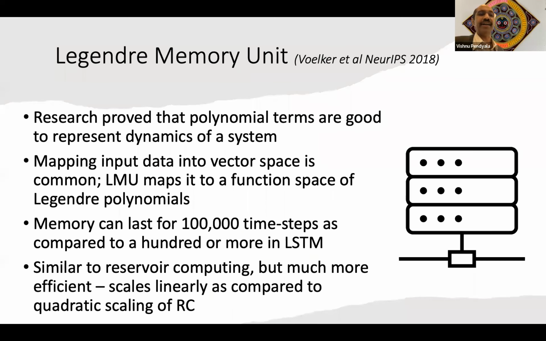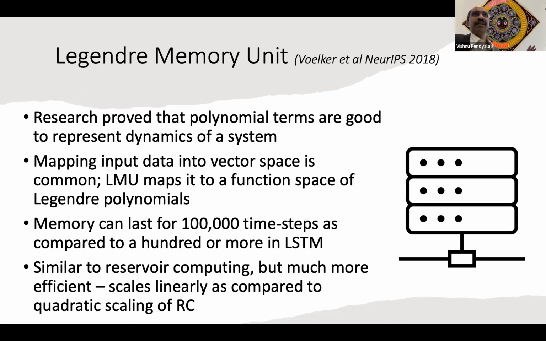The other aspect that's quite interesting is called the Legendre memory unit. This again is a mathematical concept. It's a function space. Legendre polynomials define a function space. The advantage of this is that it can track the sequence up to more than 100,000 time steps.